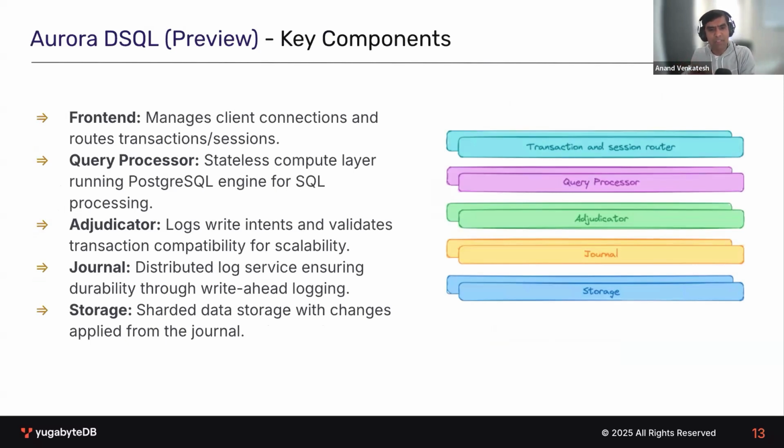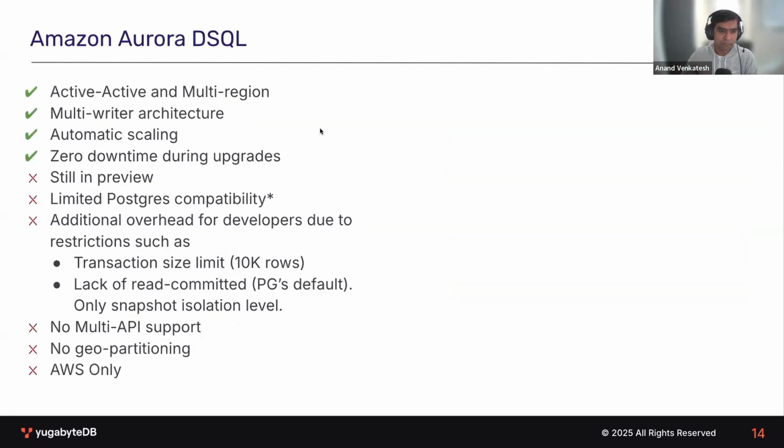And this service also offers a distributed journal service that ensures durability and persists transaction intents before writing to the persistent layer. And this also has a persistent layer that stores changes applied from the journal layer and distributes across AZs and presents as a single volume for the query processors.